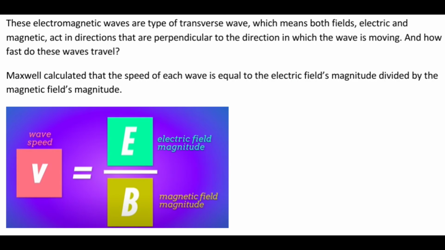These electromagnetic waves are a type of transverse wave, which means both fields, electric and magnetic, act in directions that are perpendicular to the direction in which the wave is moving. And how fast do these waves travel? Maxwell calculated that the speed of each wave is equal to the electric field's magnitude divided by the magnetic field's magnitude.